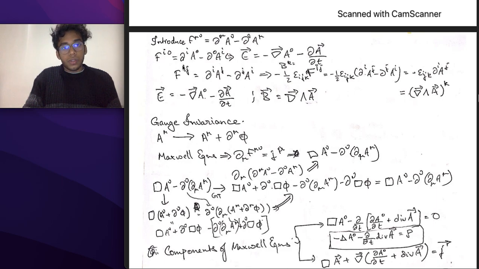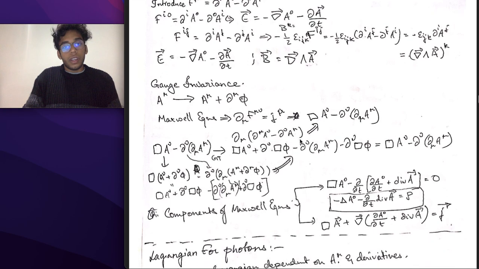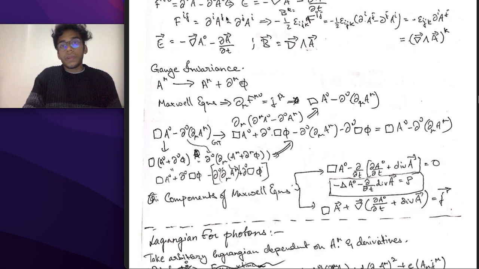Using this and using F ij, you get back your electric and magnetic fields in terms of A, the four potential. This is the simplest notion that we have.